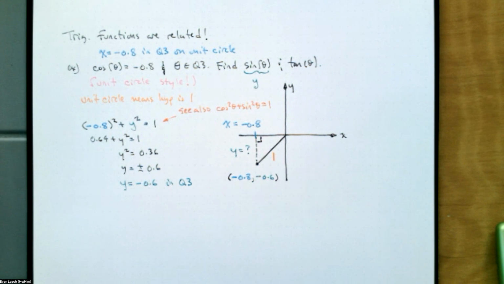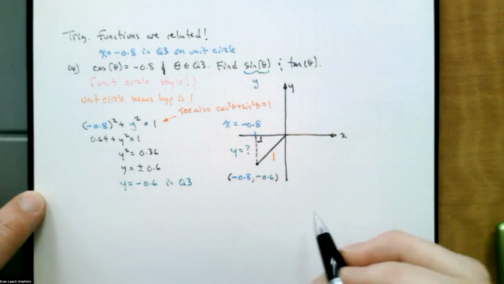So this trig identity approach is the same as the coordinate approach, and it's the same as if we had used a right triangle.